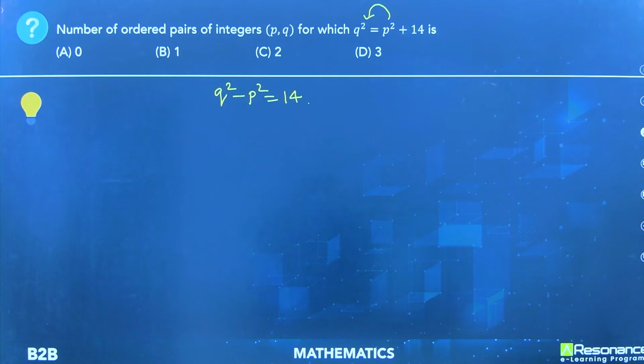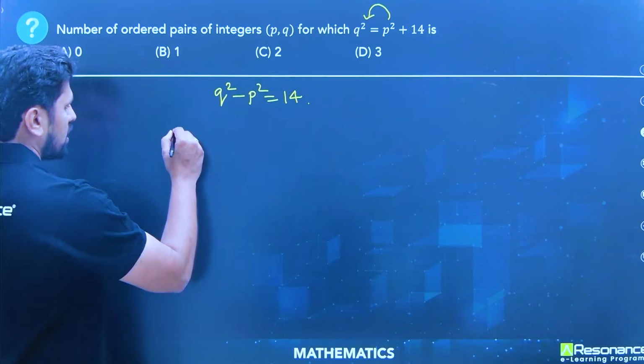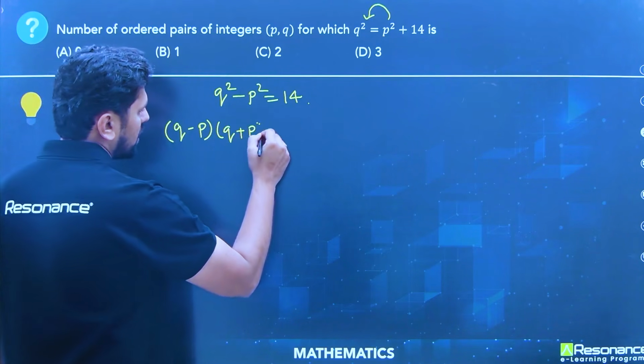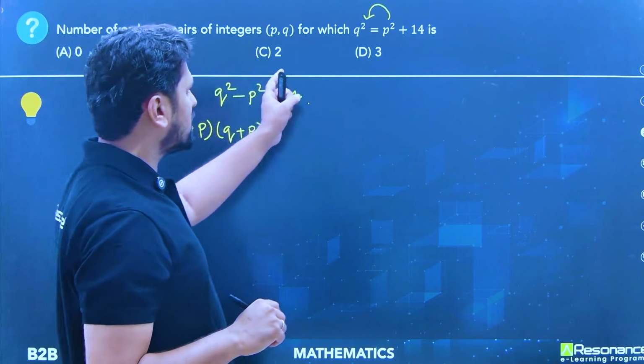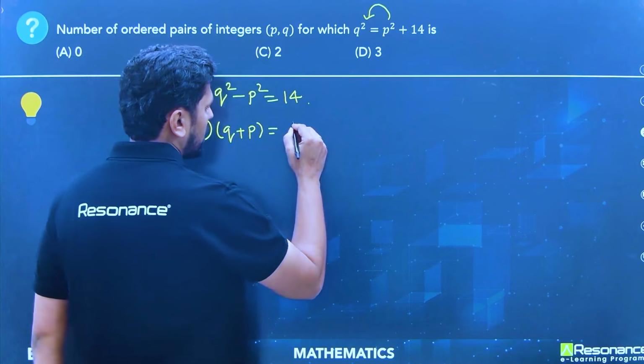Option E, 4. Okay, very good. a minus b into a plus b. So q minus p into q plus p, and we have to find the number of integers for which this is true, correct? We can write 14 in how many ways?